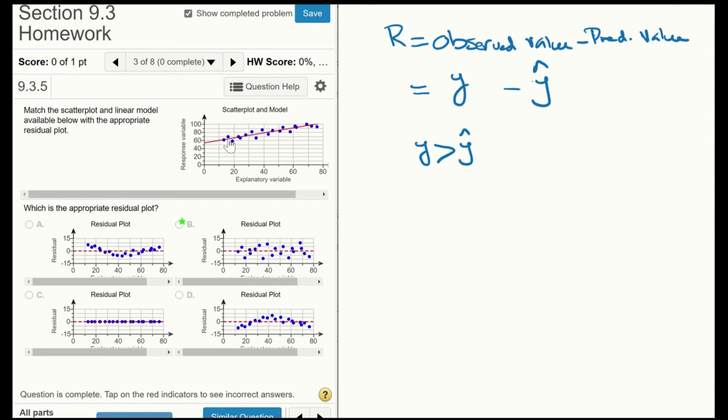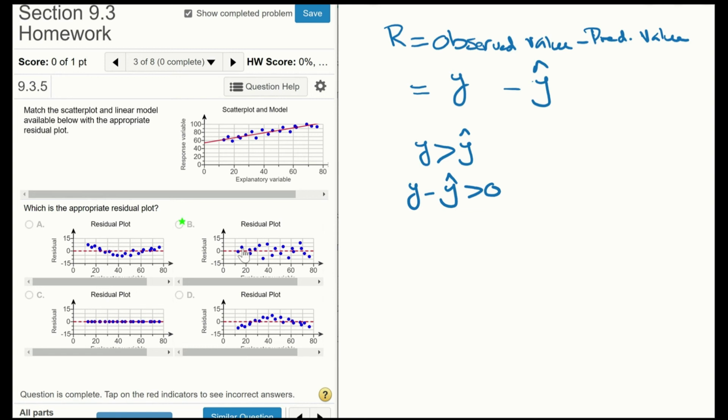The predicted value would fall on the line right there. It would be that y value, which is obviously slightly less. So when y is greater than y hat, or when the observed value is greater than the predicted value, if you move this to the other side, you end up with y minus y hat is greater than 0. So we would want to go from a 0 residual to a positive residual, as you observe here.